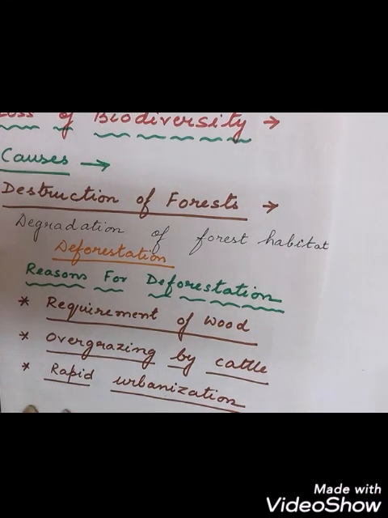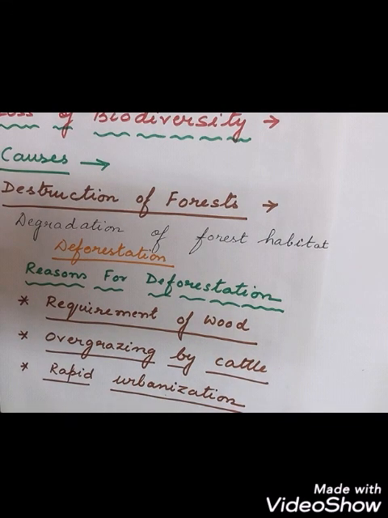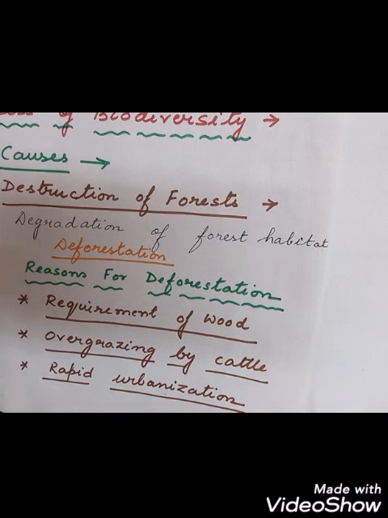This is called what? Urbanization process. Okay, so these are the causes for deforestation, that is requirement of wood, overgrazing by the cattle, and rapid urbanization. These are the reasons for cutting the trees in the forest.